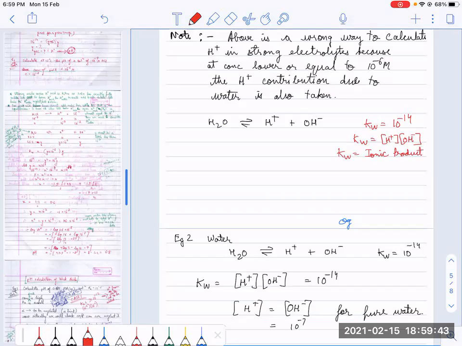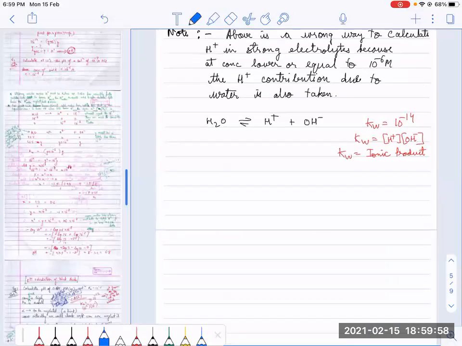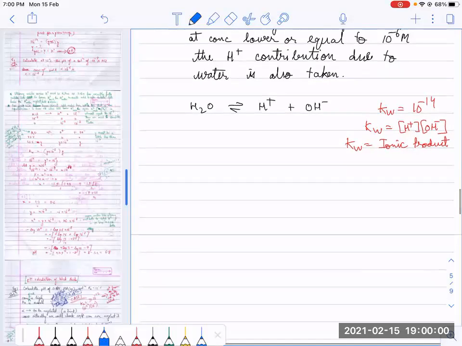It is the ionic product. Now, what are we going to do with it? We will solve both these equations simultaneously. Which equations? Due to water and due to HCl. HCl gives H plus plus Cl minus.